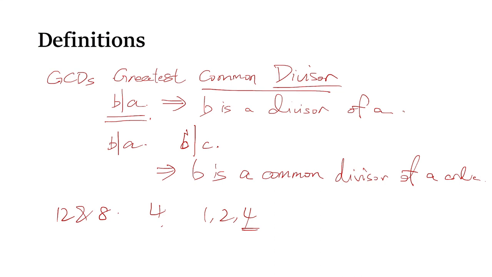It's an important thing to memorize. Okay? And there's also a symbol to mean the GCD. For example, we say the greatest common divisor of 12 and 8 is 4. So you write something like this. You can express it in this way.